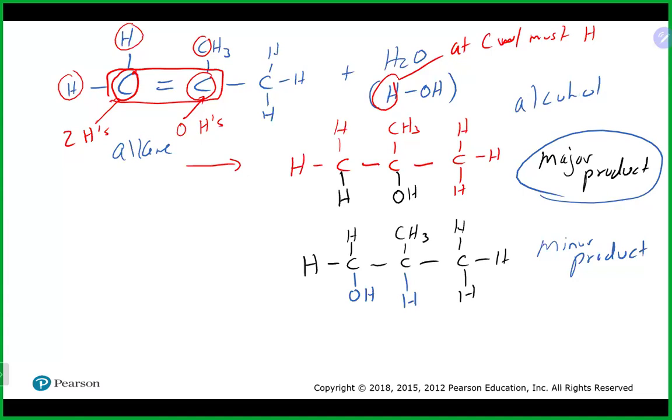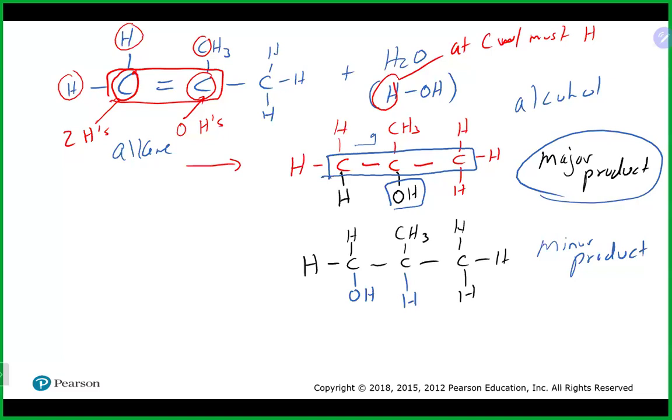Let us try naming this alcohol. Let's start with the top one here. How many carbons do we have? Longest carbon chain is 3 that contains the OH. You could also get it by going this way and up if you wanted to as well. You could have done that.